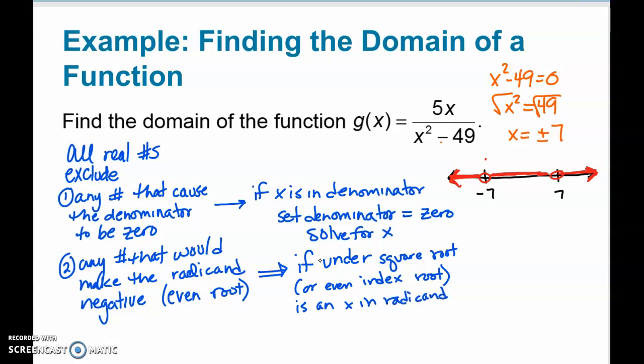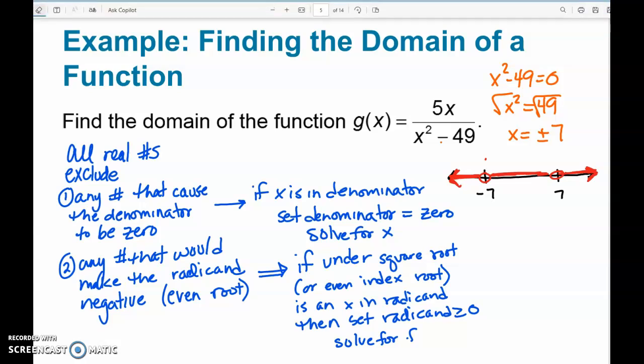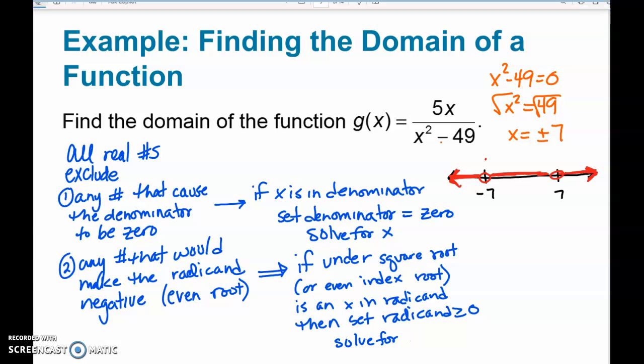If there is, then set the radicand greater than or equal to 0 and solve for x. This will give you your domain. So when we solve for x in step 1, that gives us the exception. This one gives us the domain.